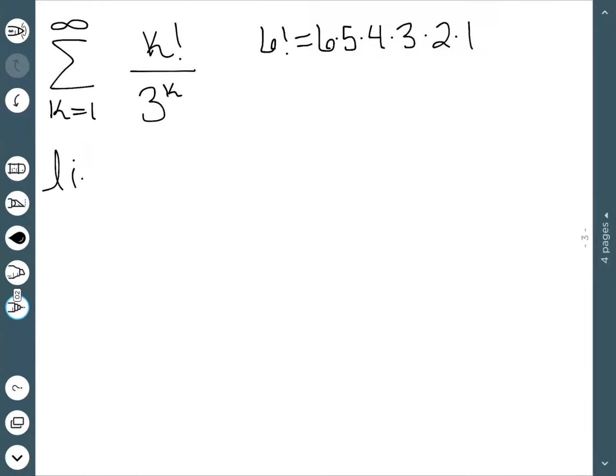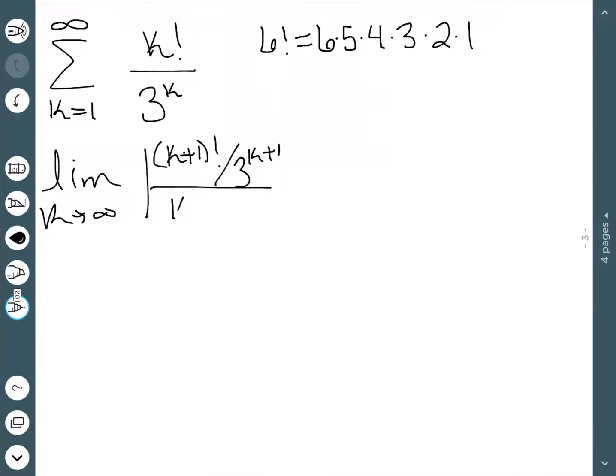If I want to do my ratio test, I have the limit as k goes to infinity of the absolute value of (k plus 1) factorial over 3^(k+1), all over k factorial over 3^k. Once again, all of this stuff is positive, so I'm going to drop the absolute values.